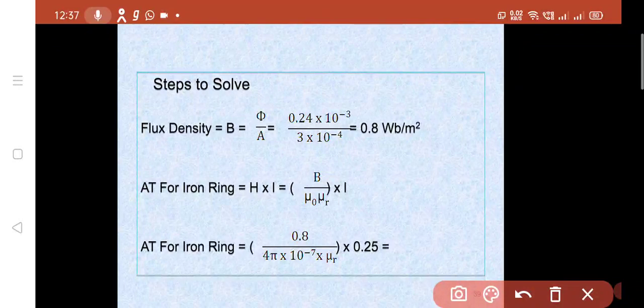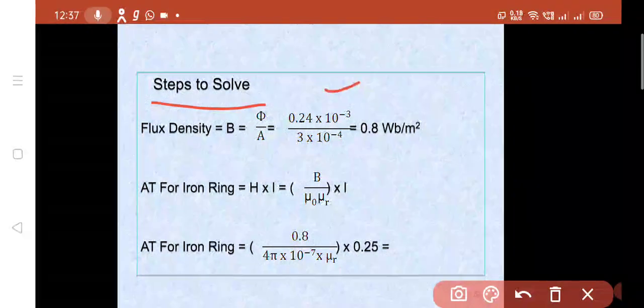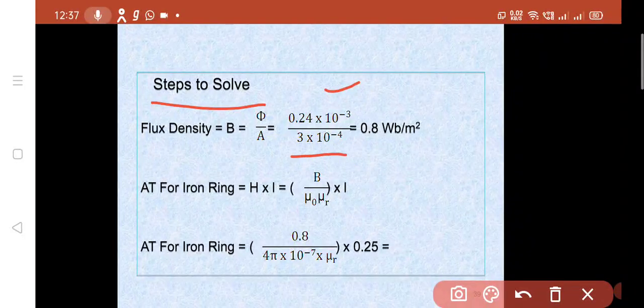Next, steps to solve. Flux density B is equal to φ by A. This is the φ value, 0.24 into 10 to the power of minus 3, and this is the A value, 3 into 10 to the power of minus 4. So the answer is 0.8 Weber per meter square.